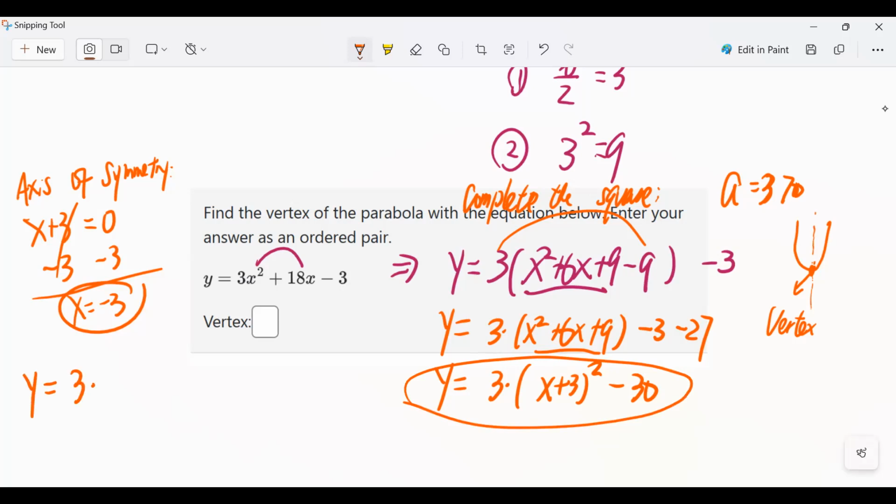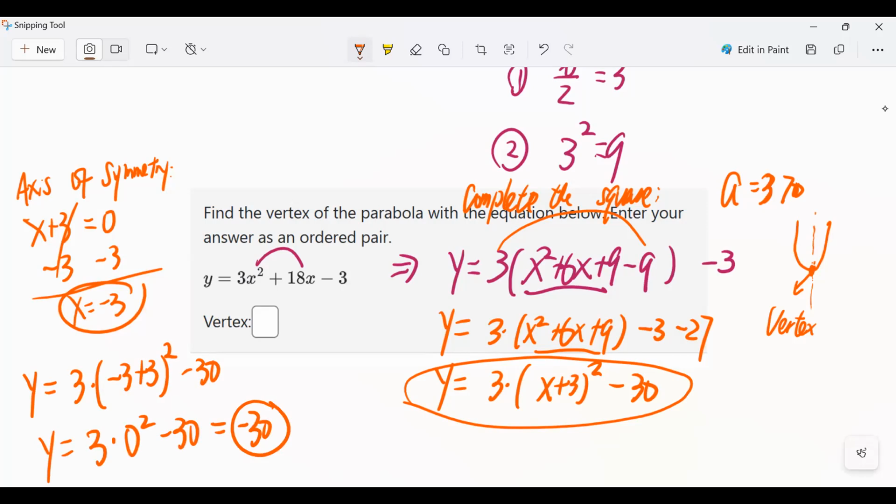So y equals 3 times (-3) squared minus 30. That's 3 times 0 squared minus 30, which is 0 minus 30, or minus 30. So the vertex will be (-3, -30).